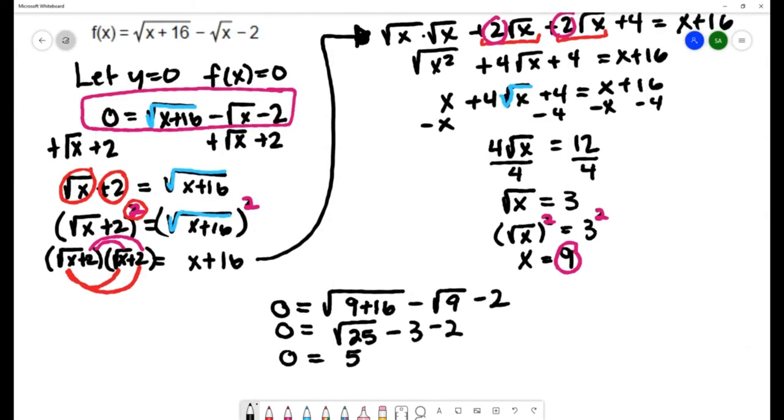Negative 3 and negative 2 combine to be negative 5. And you can see that 5 minus 5 is 0. And that solution does check out, meaning that it works in the original equation. So x equals 9 is our solution, and the ordered pair 9, 0 would be an x-intercept.